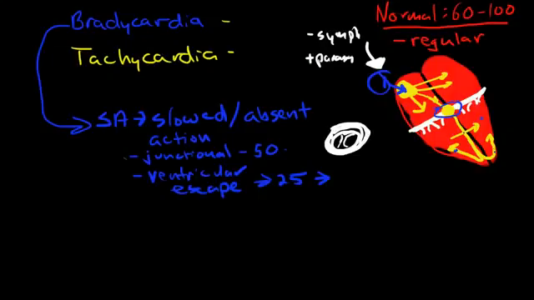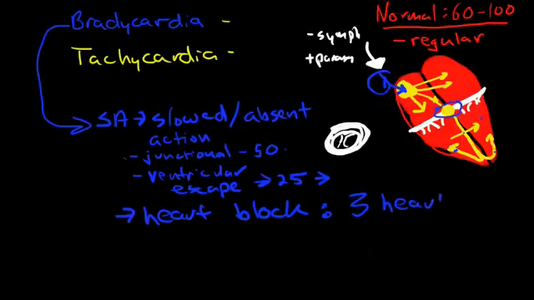And what we'll end up with is a heart block. And I'm not going to get into all the details, but if you remember from your early nursing courses, there are 3 types of heart blocks, and they all involve dysfunction of the AV node to different degrees.